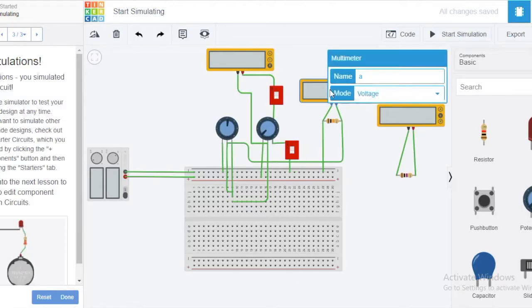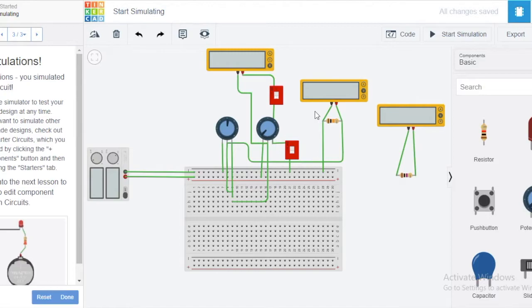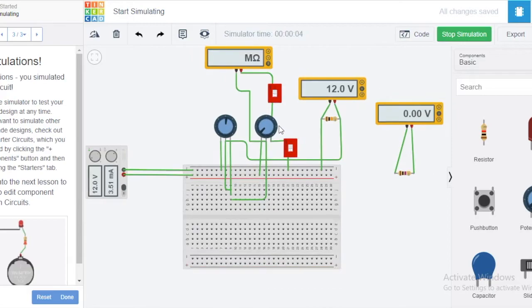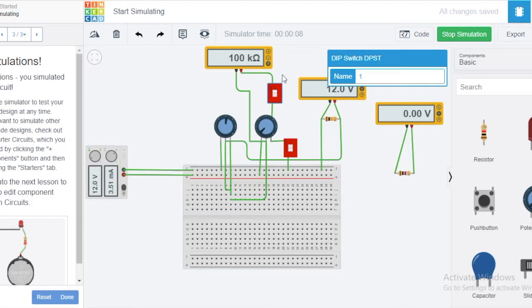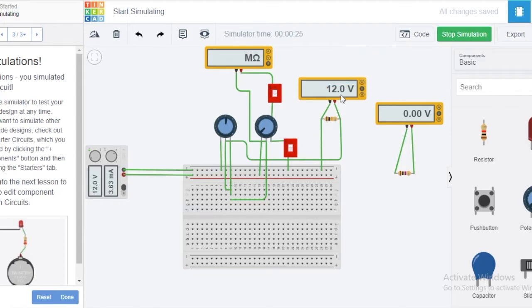We use meter A. Firstly we turn off this and turn on the potentiometer. We first set the potentiometer to 100 kilo ohm, and we turn on this for the voltage. We can get 12 volt.